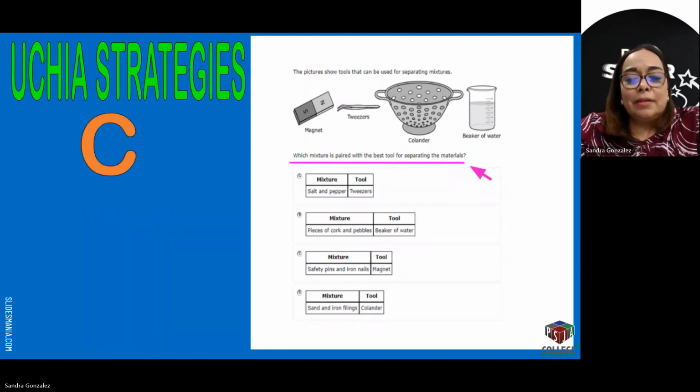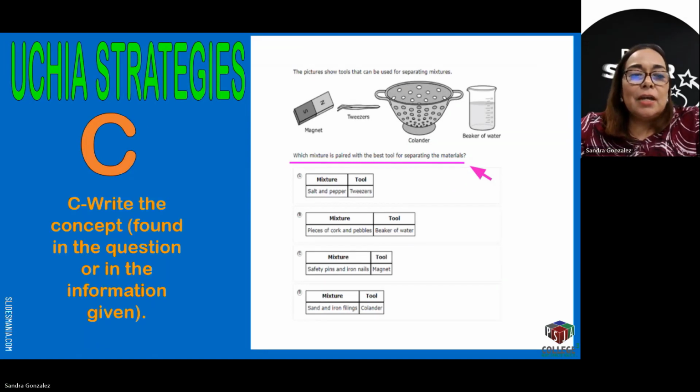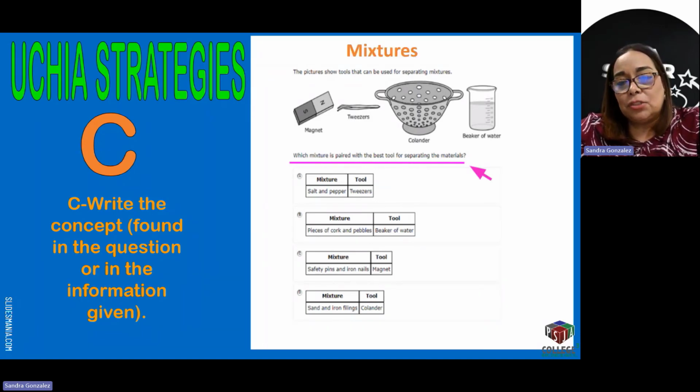C is write the concept that is found in the question or in the information given. Based on our question, we see that the concept here is mixtures. How do we know that it's mixtures? Because in the problem, it says separating mixtures, and also in the question.